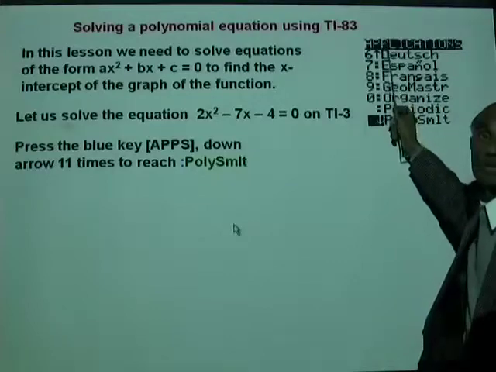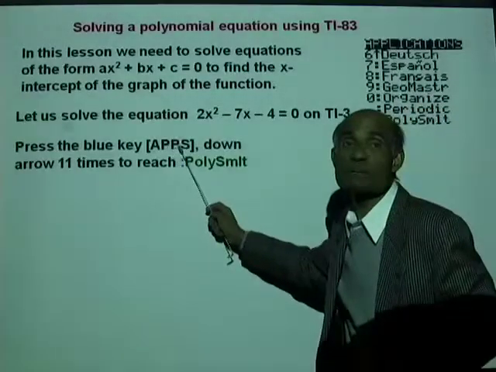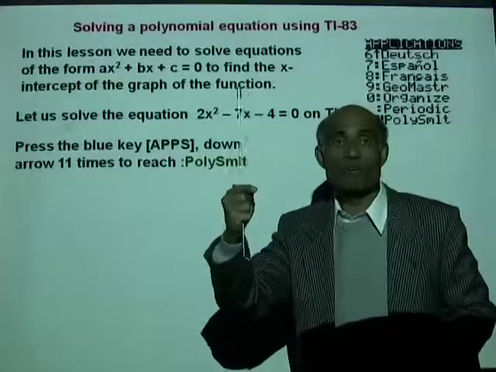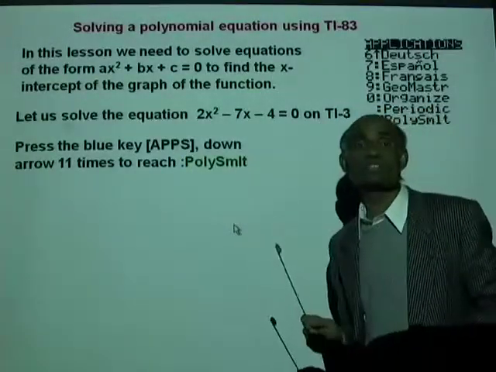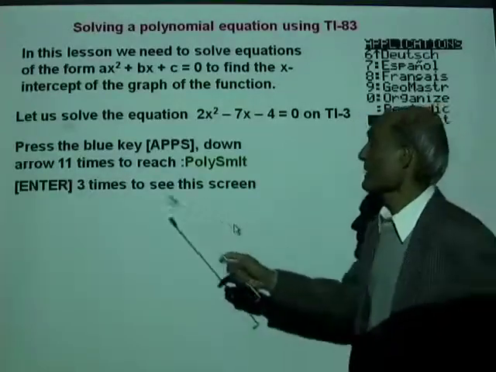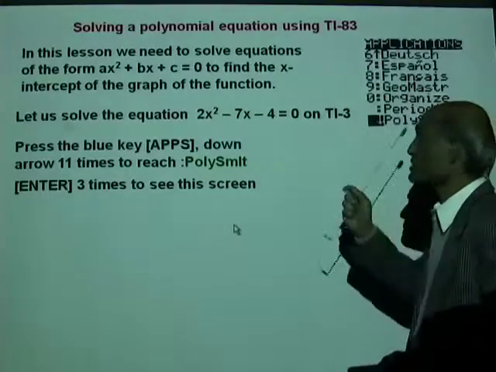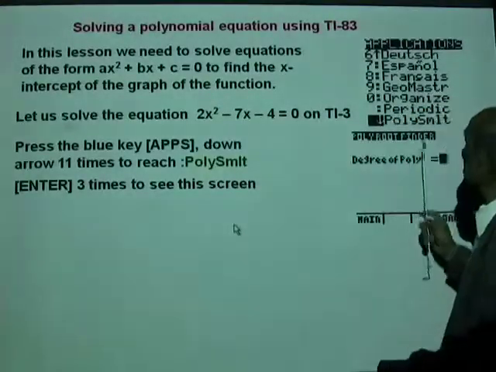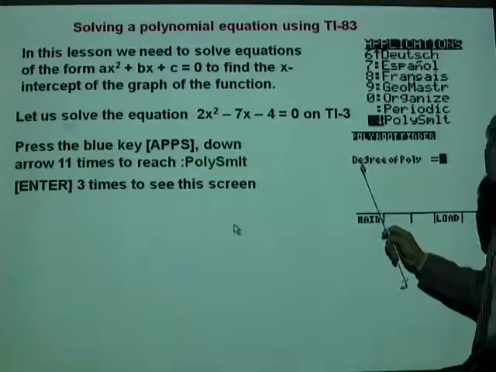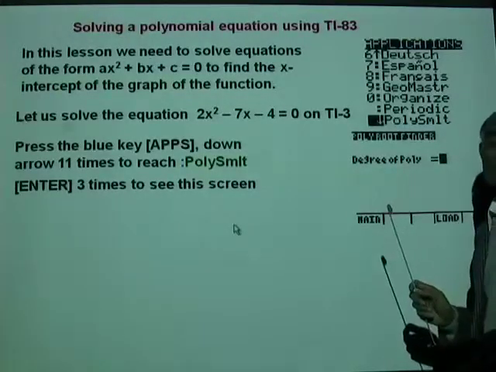The APPS key will give you a lot of menu options, so the moment you press APPS, press the down arrow 11 times to reach this. Then press enter 3 times. Once this is highlighted, enter 1, 2, 3, and you will see this screen which asks you the degree of the polynomial.